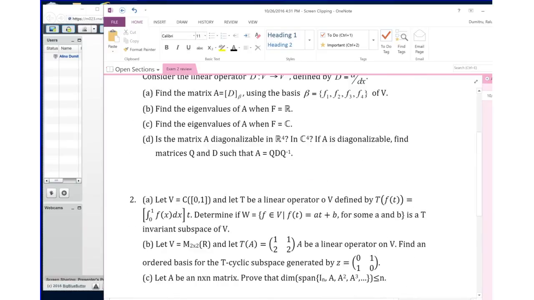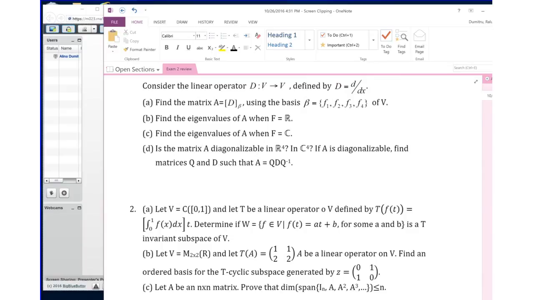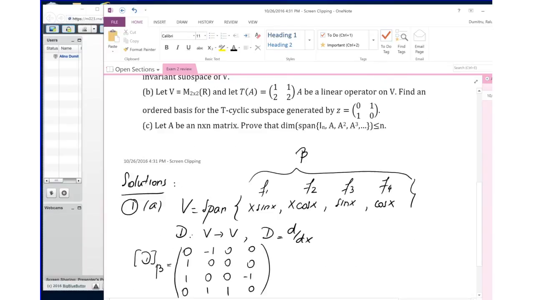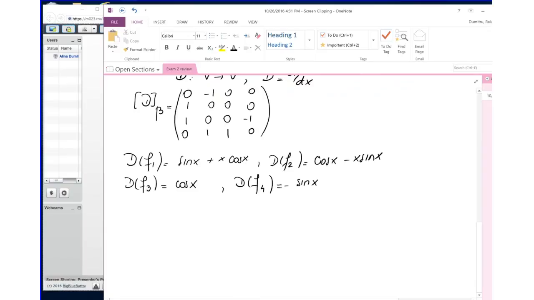Part B. Find the eigenvalues of A when the field is the set of real numbers.